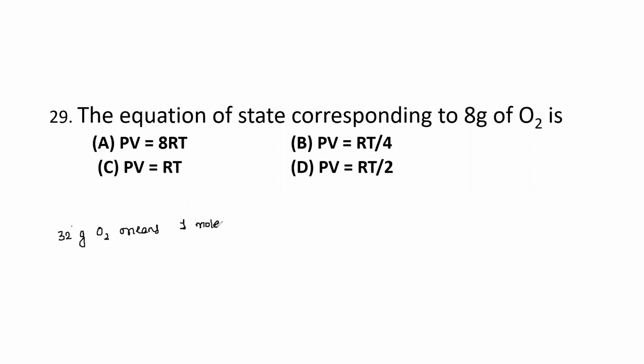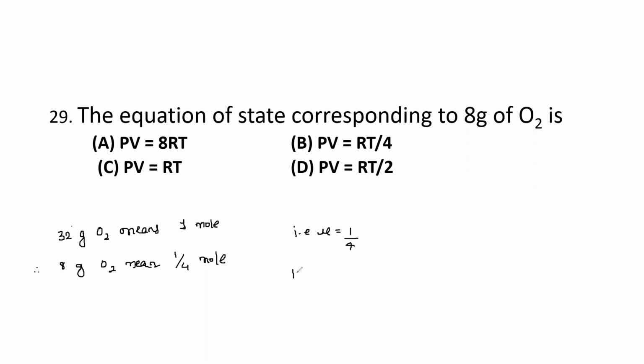Therefore, 8 gram of O2 we can write as 1/4 mole. So for 32 gram of O2 it means 1 mole here. Therefore, for 8 gram of O2, we can write it as 1/4 mole. That is nothing but mu is equal to 1 divided by 4. The number of moles is 1 divided by 4.